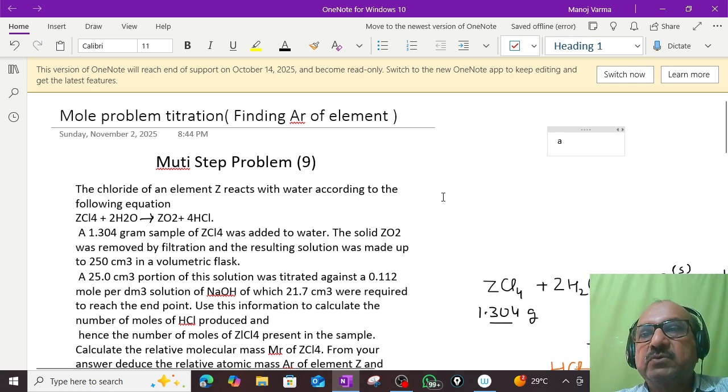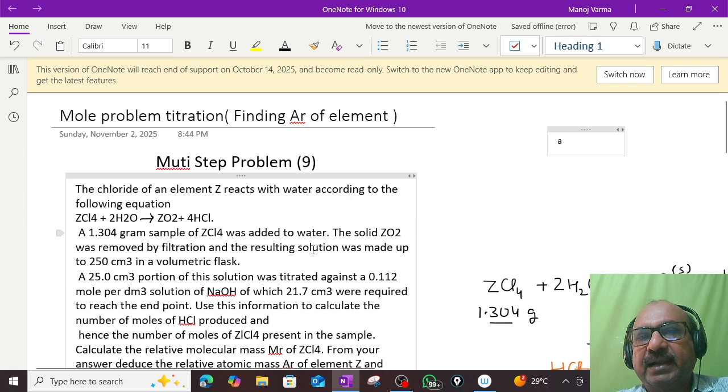So I am going to show you all the steps in an easy way so that you are able to solve similar type of problems. This type of problem may be there in your practical exam paper as well.